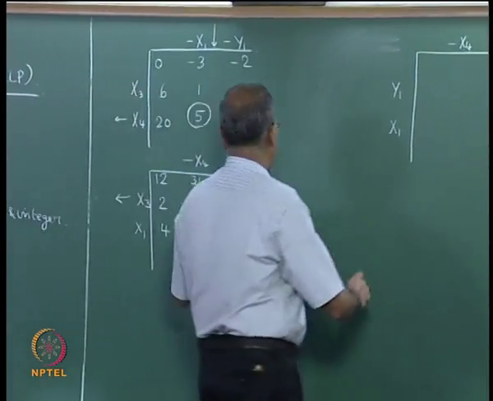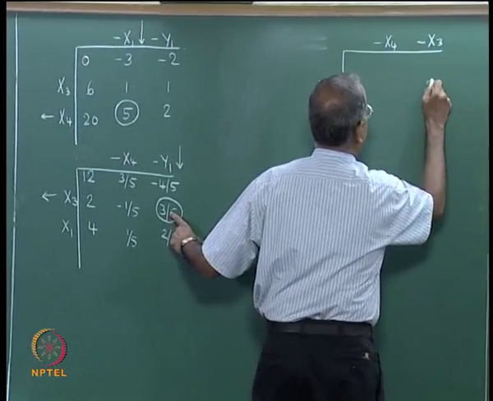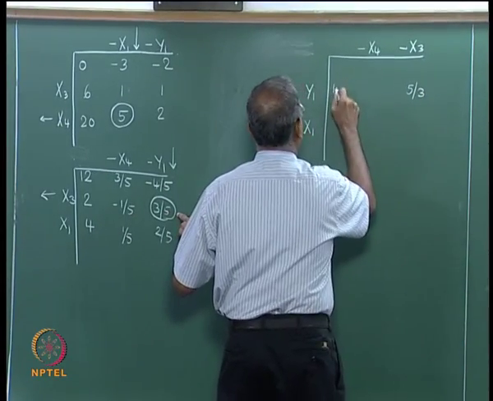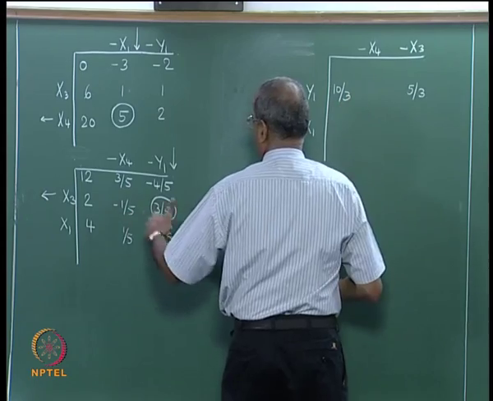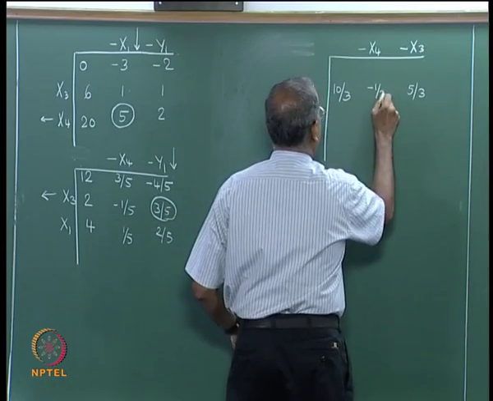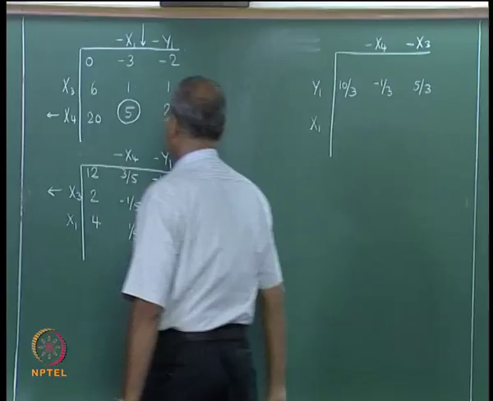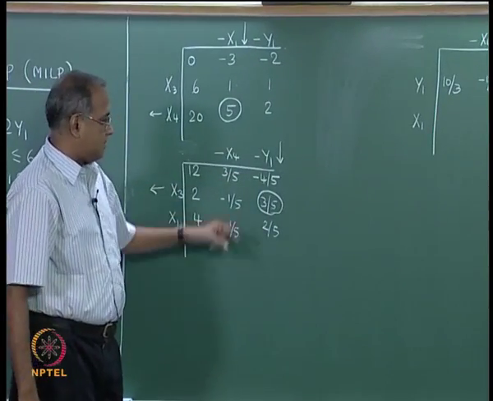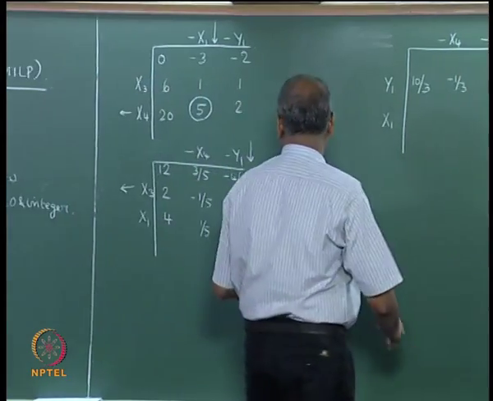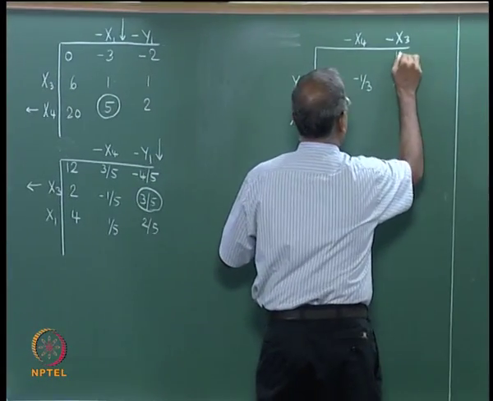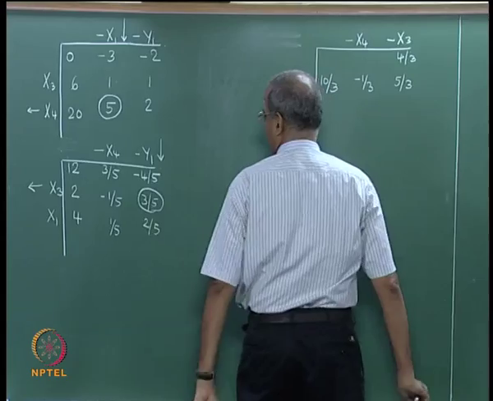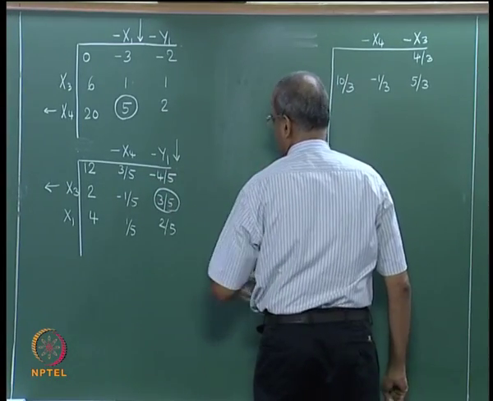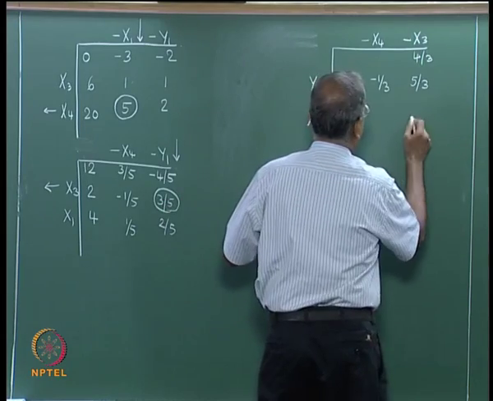So pivot becomes 1 by pivot, 5 by 3. Divide by the pivot, 10 by 3. Minus 1 by 3. Divide by negative of the pivot, so minus 4 by 5 divided by minus 3 by 5 is plus 4 by 3, minus 2 by 3.